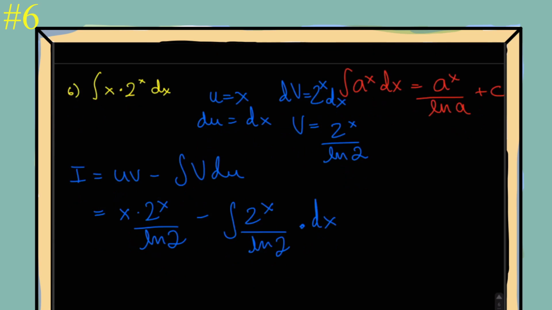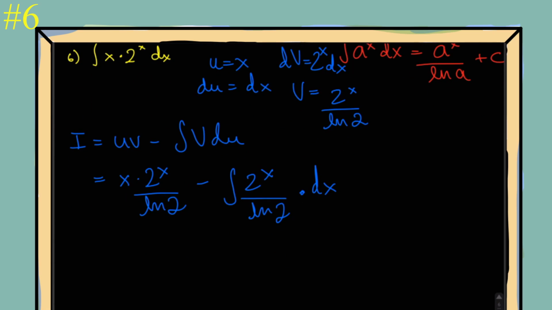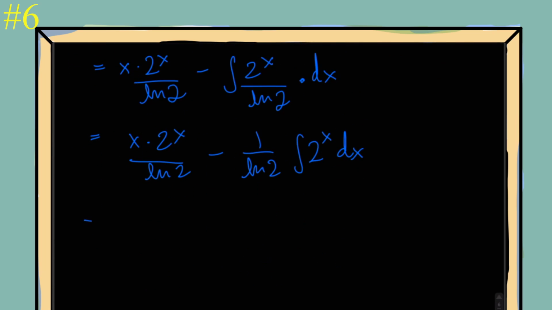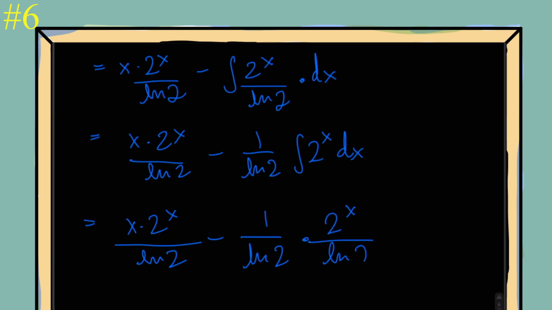Okay, and we can bring out the 1 over ln 2, minus 1 over ln 2 times the integral of 2 to the x dx, but we know what that is, so that's just going to be equal to x times 2 to the x over ln of 2 minus 1 over ln 2 times 2 to the x over ln of 2, all that plus c.